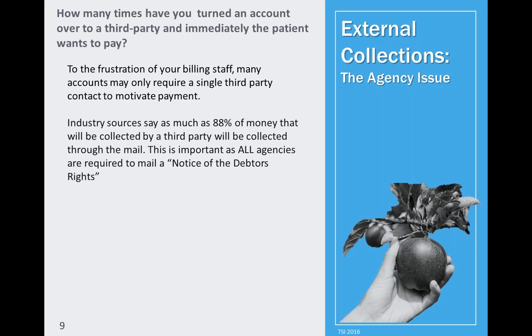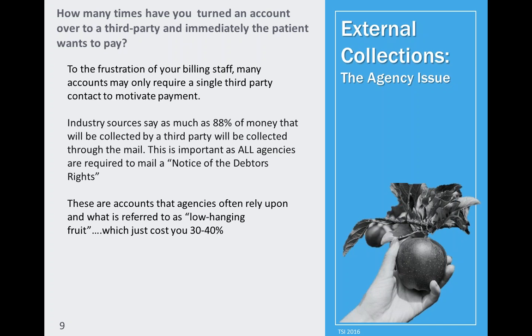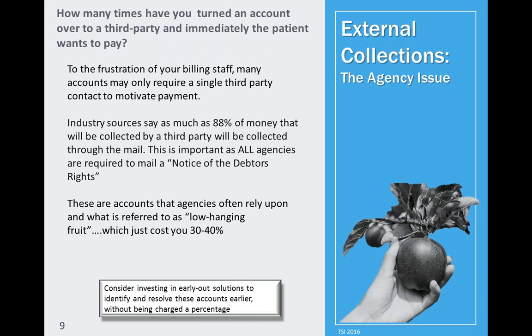And the reason this is important is that all agencies are required to mail out a notice of debtor rights. Now, these are accounts that agencies often depend upon, what is referred to as low-hanging fruit, which just costs you 30 to 40%. So consider investing time in reviewing early out solutions, which we'll discuss in a moment, to identify and resolve these accounts earlier without being charged a percentage.